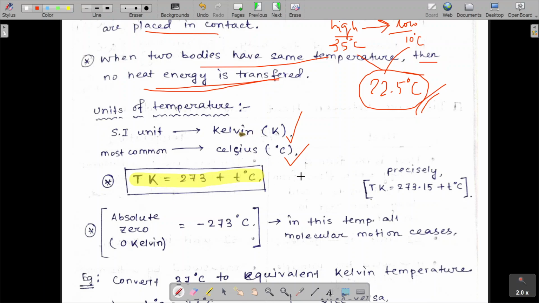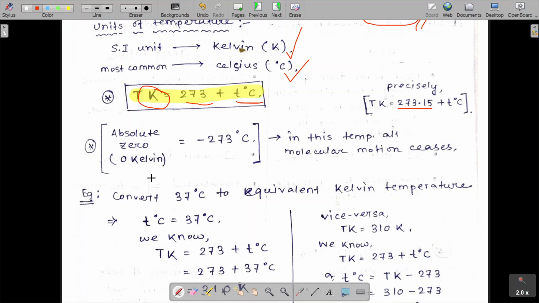Hence, to find the equivalent temperature in the Kelvin scale, you add 273 to the given Celsius temperature. Precisely, it is 273.15, but for mathematical calculations you can use 273.